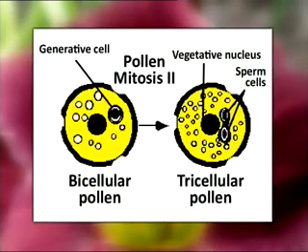The male gametes are formed by mitotic division of the generative cell. This division usually occurs before the pollen is shed from the anther, but in some species the generative cell divides only after the pollens have been shed.